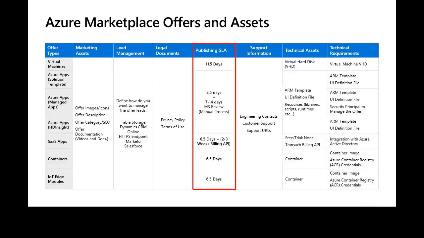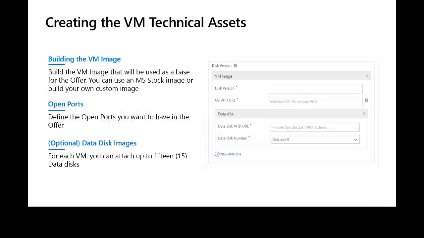Okay. I know this slide is a little busy, with lots of information. The good thing is this is going to be recorded, so you'll have time later to review it. Now, the VM technical assets, as I said, are very straightforward. There are 3 basic things you need to configure. One, bring your image into VHD format: convert it to a VHD and bring it into an Azure storage account. That's step number 1. Verify that everything works.